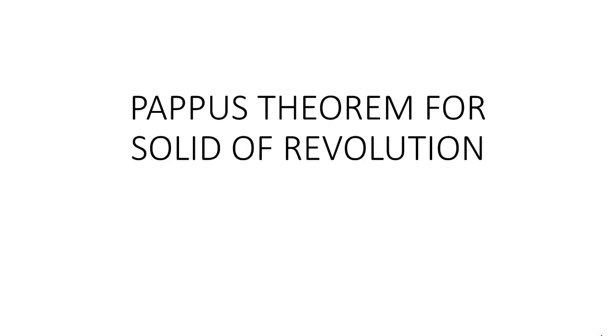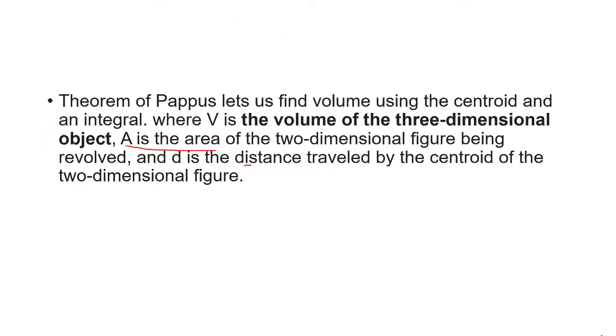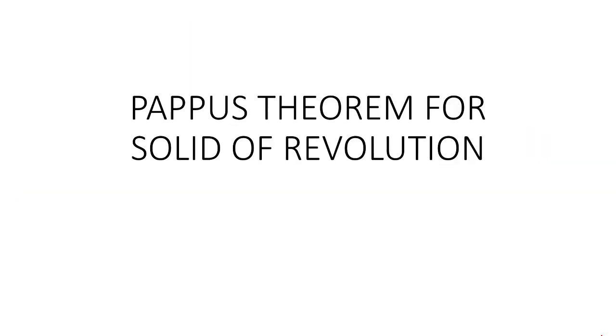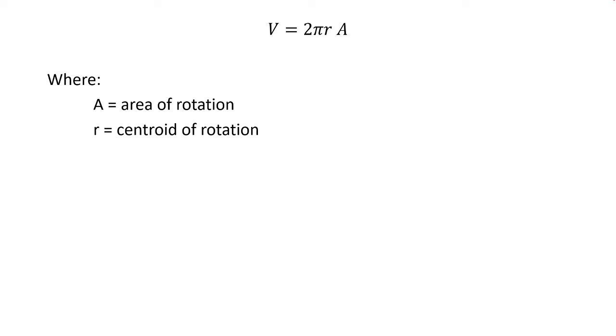Earlier, by definition, we found the volume using the centroid and an integral. So, you cannot get it if you do not know how to solve for the centroid. So, review our previous lesson.